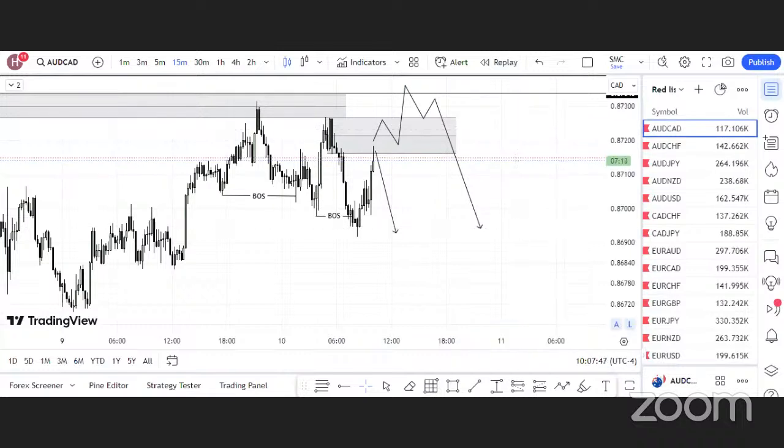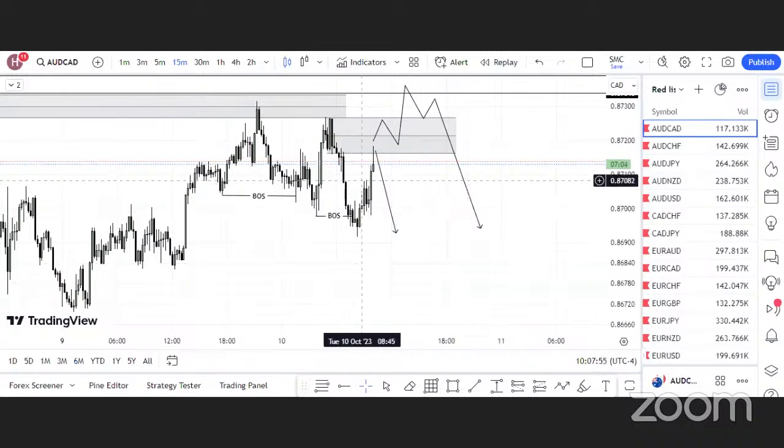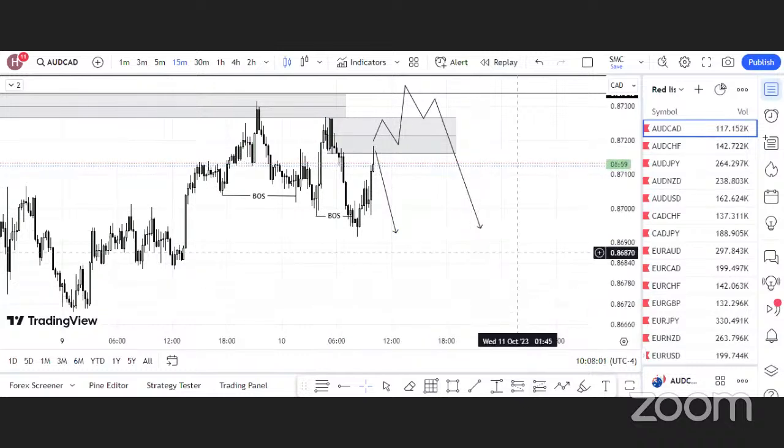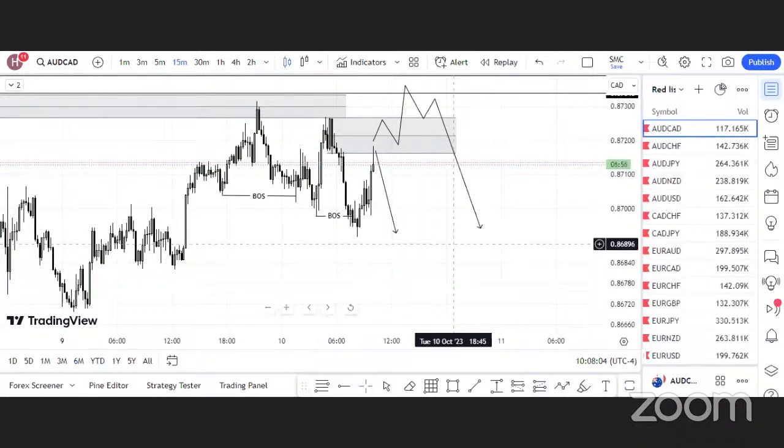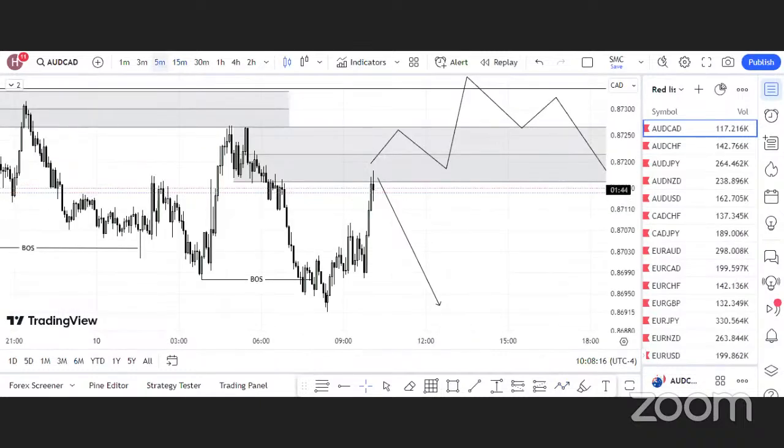So now you see the market is currently rejecting the area. It's currently rejecting the zone. So let's stay with it on the 15-minute time frame.